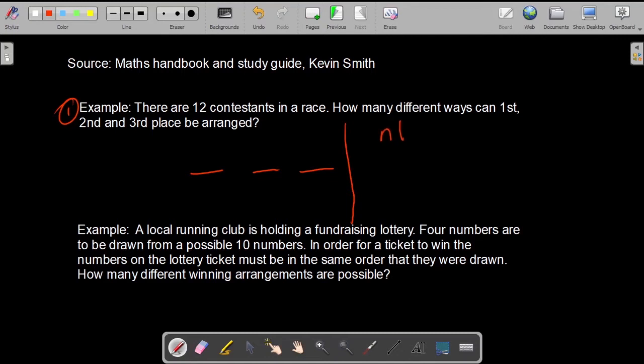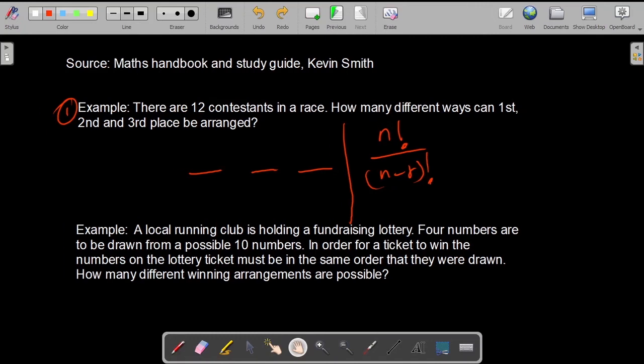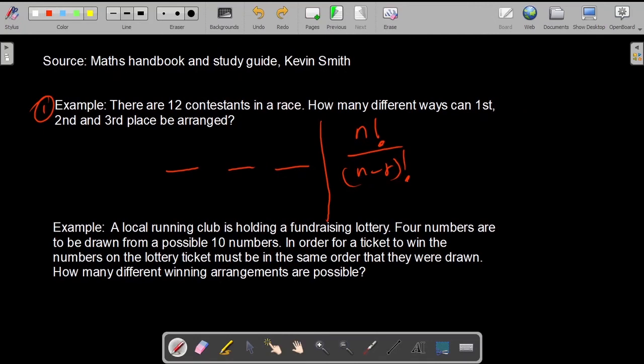We just have to use the general form as we found it. As you can see, we have 12 contestants, which means we have more people than there are places on the podium. So we have 12 options. Any of the 12 people can be first, second, or third.